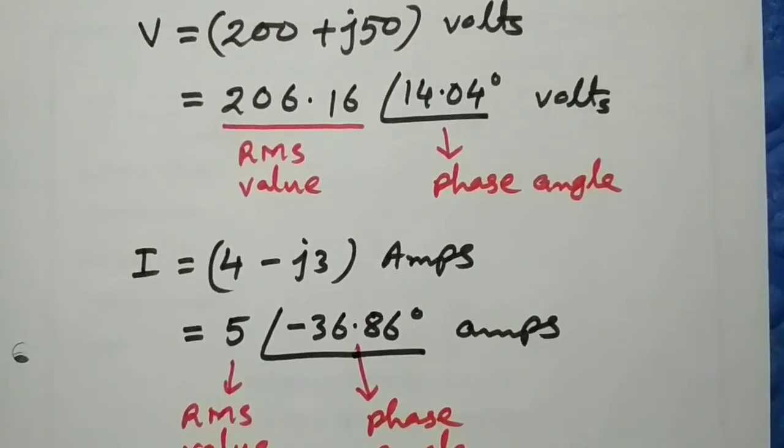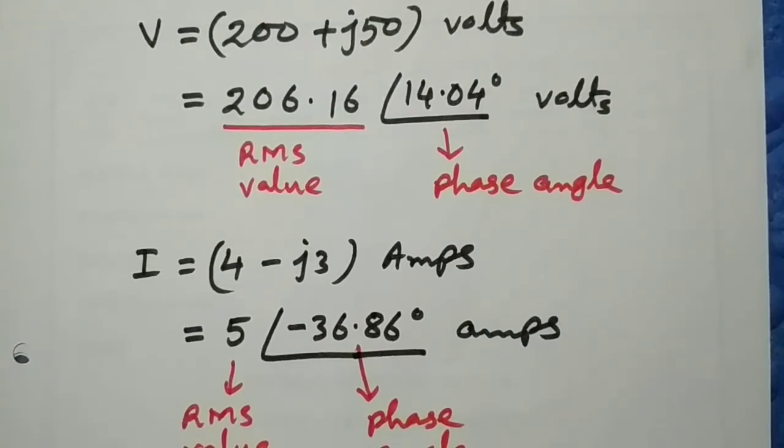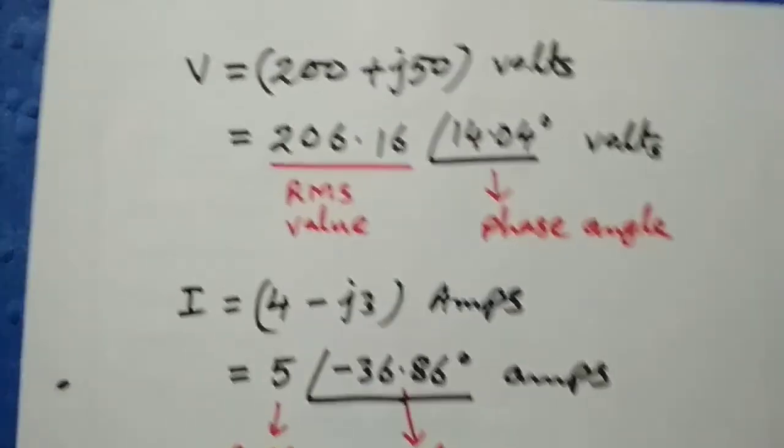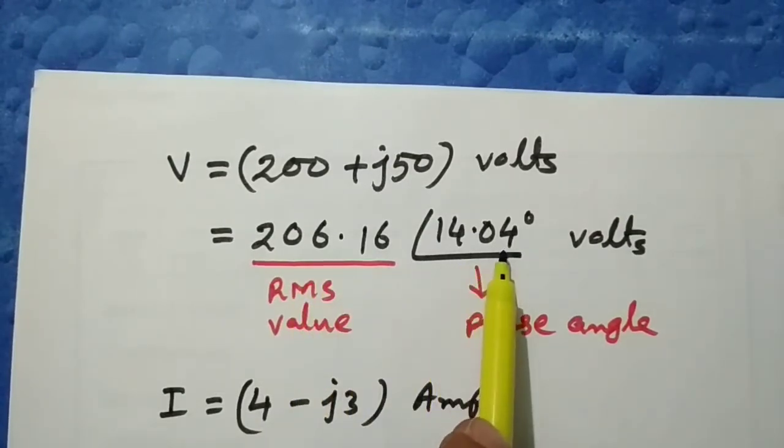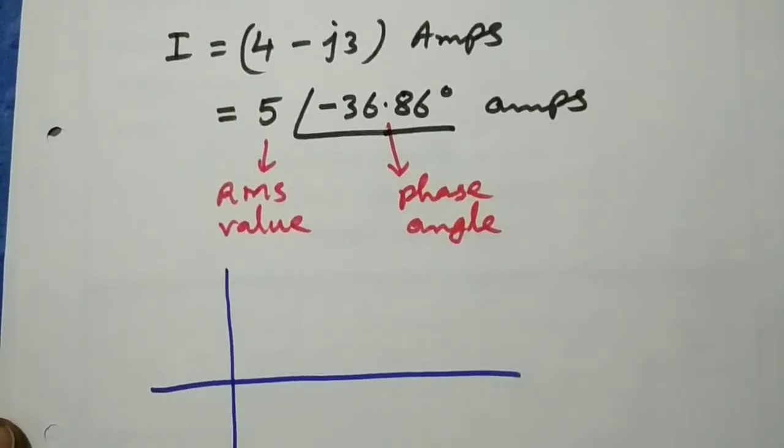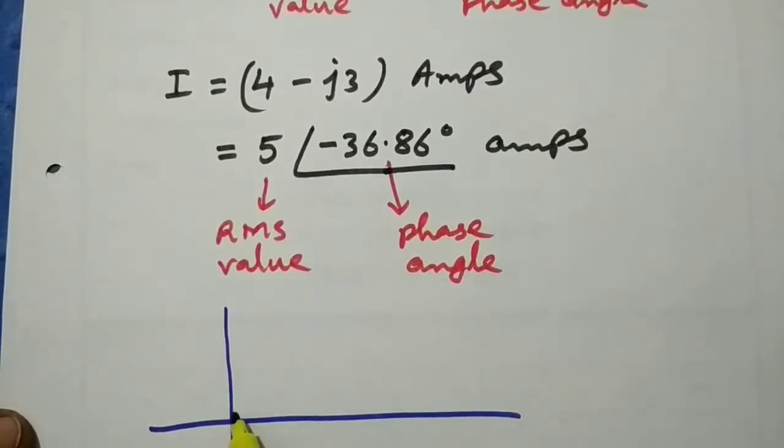So suppose I want to draw the phasor diagram, it can be drawn like this. As the voltage is 206.16 angle 14.04 degrees, in the phasor diagram the voltage will be in the first quadrant and this angle will be 14.04 degrees.